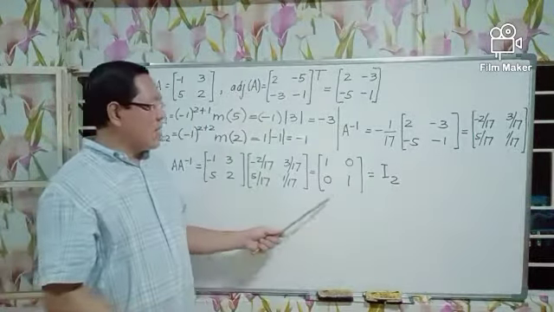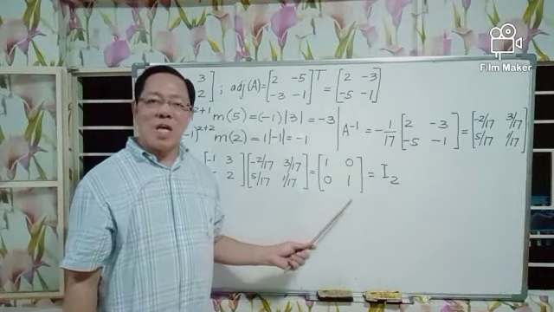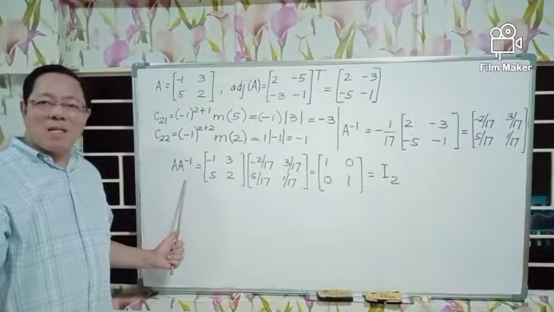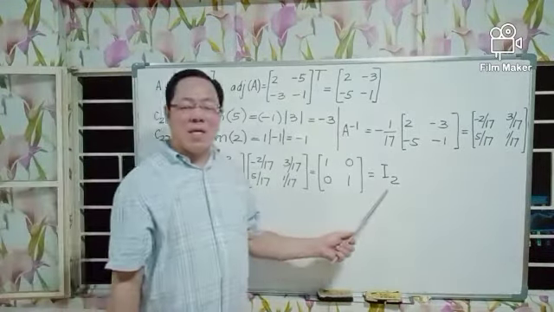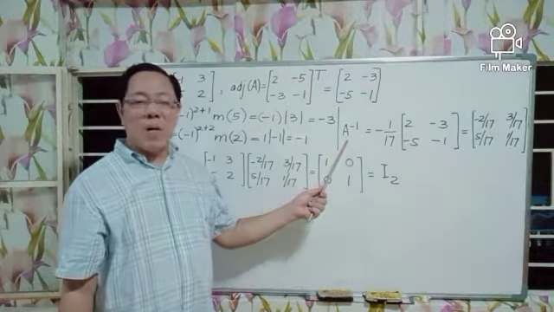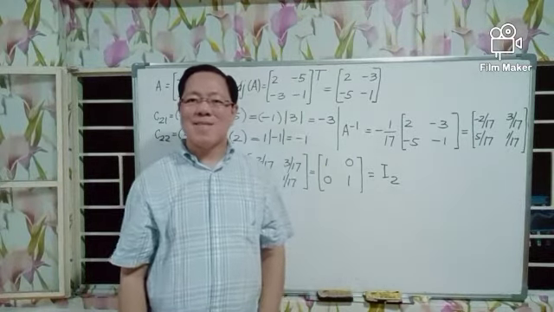And this is the identity matrix of order 2, or size 2 by 2. Thus, we have shown that the product of A and the matrix A to the minus 1 is the identity matrix of order 2. Therefore, this matrix A to the minus 1 with these entries is the inverse of A.